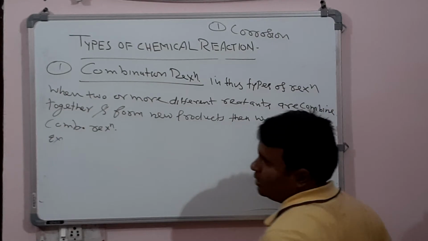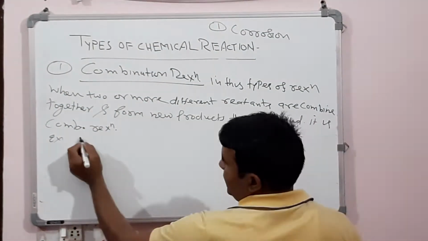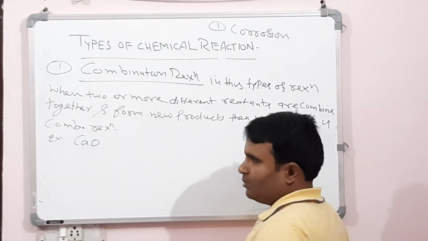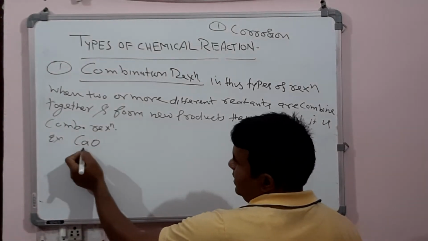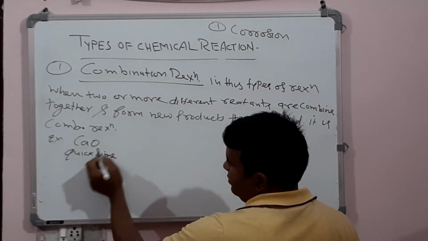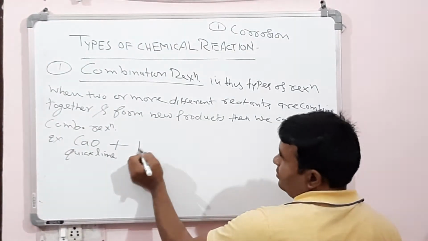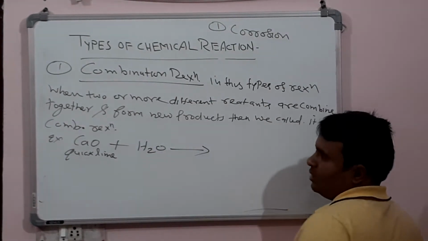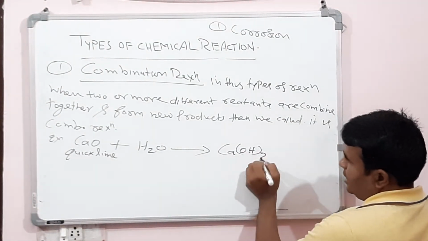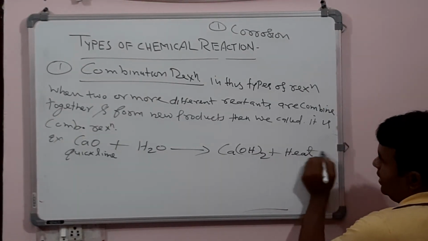Example for that, we take calcium oxide. In simple terms, we can say it is quicklime. When it reacts with water, then we obtain calcium hydroxide and a lot of heat energy is produced.